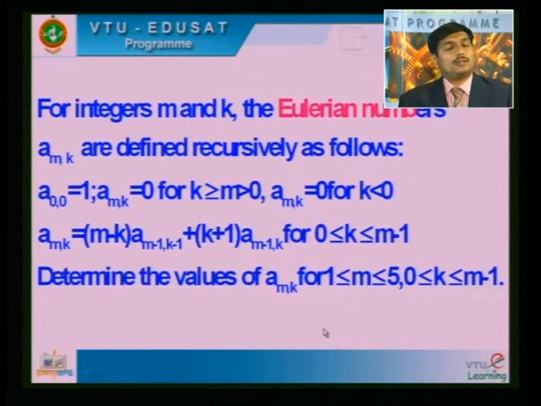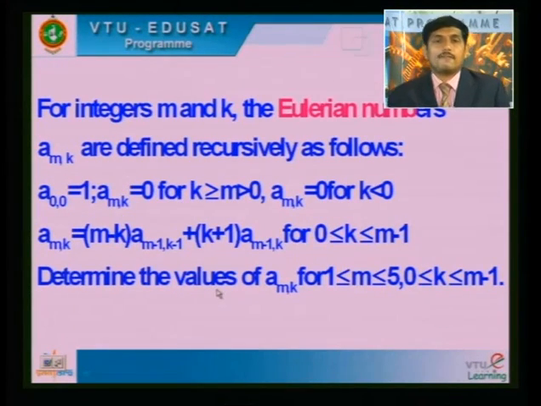Similar to the Lucas and Fibonacci numbers, where we found L of 2, L of 3, L of 4 up to 10, similarly here also determine the values of A of m, k for 1 less than or equal to m less than or equal to 5, means m starts from 1 to 5 and k from 0 to 4.